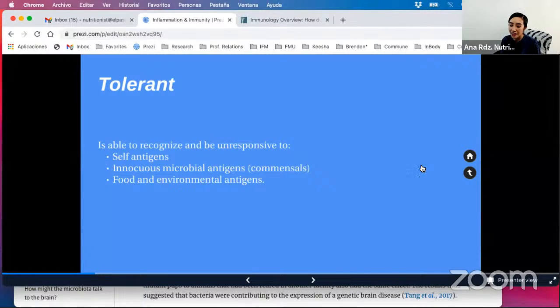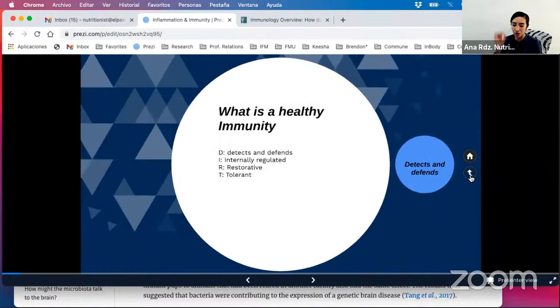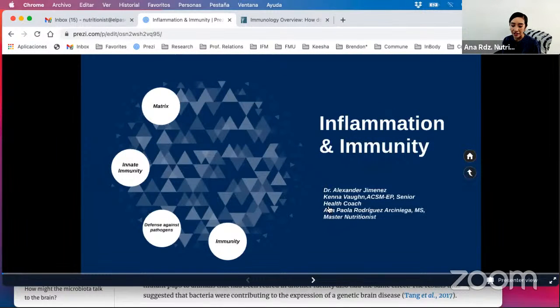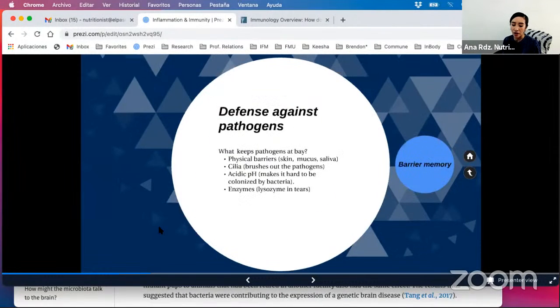And I think that leads us exactly to the part of the immunity where our defense against pathogens, or the barriers that come with the immune system, play a very important role right here.